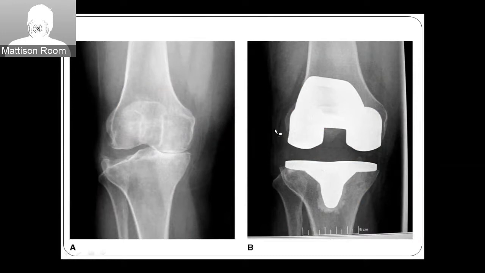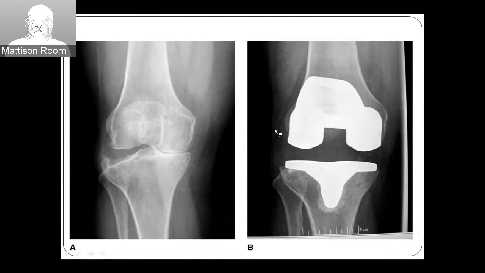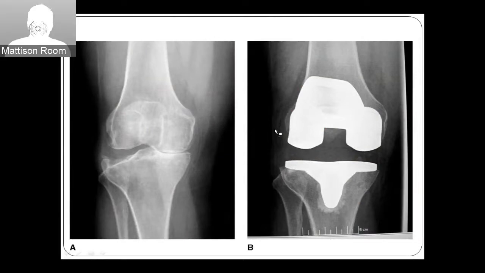I have some models that you can look at. The first one shows a normal knee with preserved good articular cartilage. Then you'll see one that's destroyed, bone on bone, and then the knee replacement. This is pretty much what it looks like.